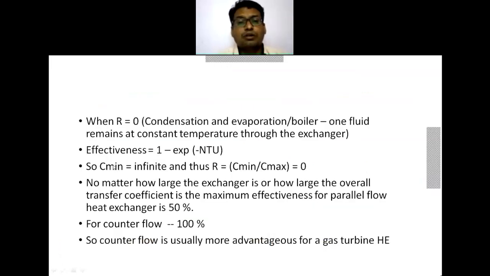That is what we will talk about, where R is equal to 0 for the heat capacity rates ratio, R or C, that is C minimum upon C maximum. This is applicable for condensation and evaporation or boiling processes, where one fluid remains at a constant temperature through the exchanger. So this effectiveness equation reduces to 1 minus e raised to minus NTU.